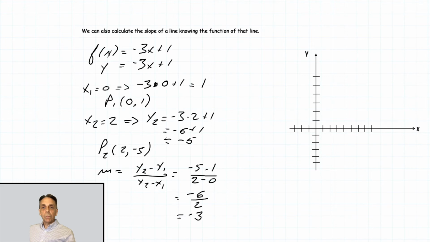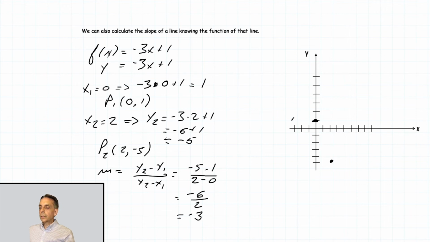And we can plot the line on this graph and take a look at what it looks like. Our first point, 0, 1, will be situated at this coordinate here. And 2, minus 5 will be here.